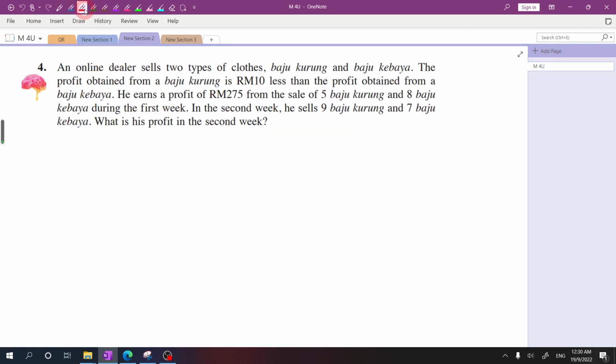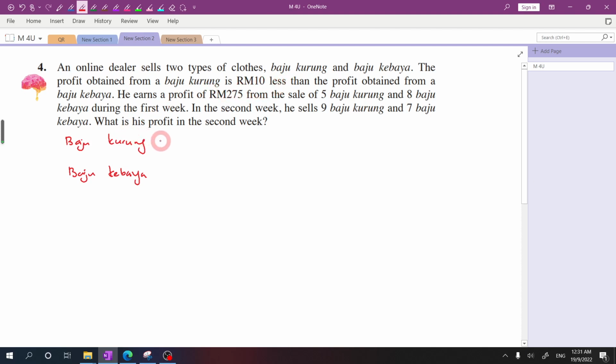Now let's go to question number 4. An online seller sells two types of clothes, baju kurung and baju kebaya. So we have baju kurung and baju kebaya. The profit obtained from a baju kurung is 10 ringgit less than the profit obtained from a baju kebaya.